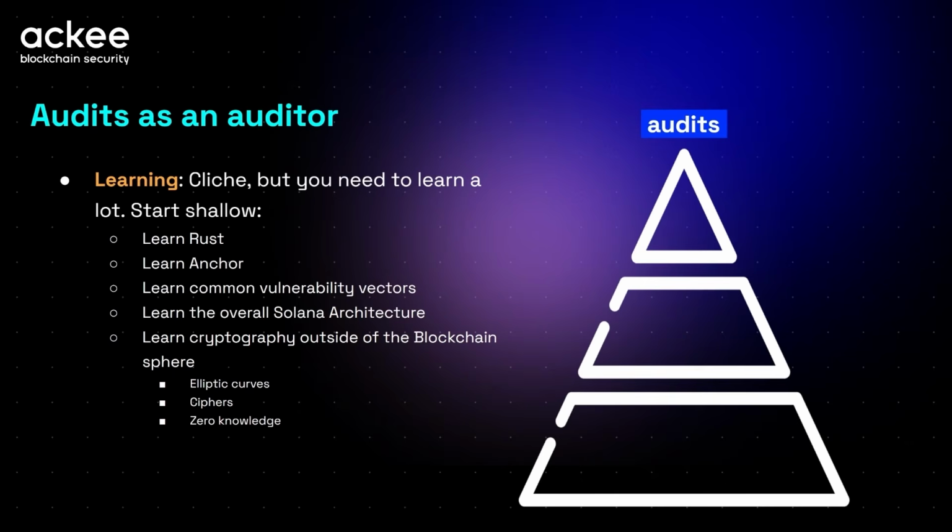A really great word for the last few months, let's say maybe a year and a half, is zero knowledge. Learn how zero knowledge actually works. I know that zero knowledge actually started, I think, in the 70s or 80s.